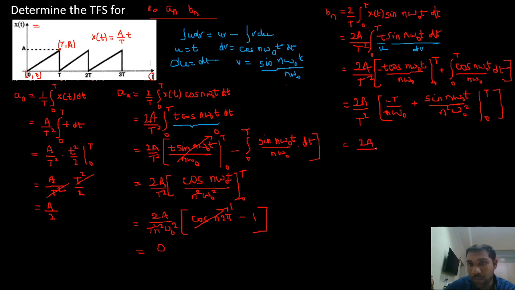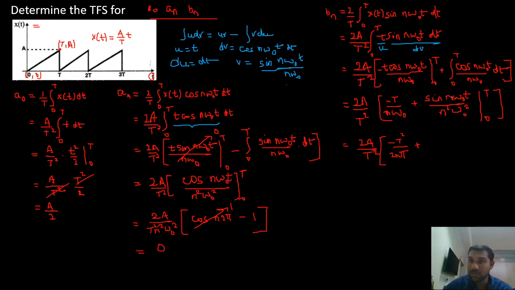So that is equal to 2A by T square. Omega naught is equal to 2 pi by T. So substituting that, I'll get minus T square by 2n pi plus sine 2n pi, where omega naught is 2 pi by T and T cancels, right?